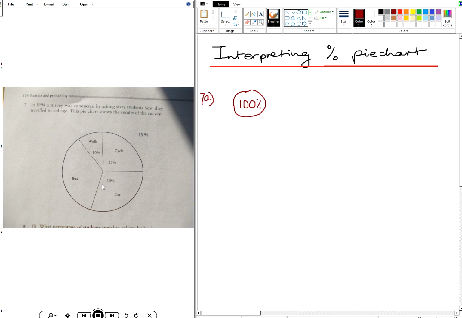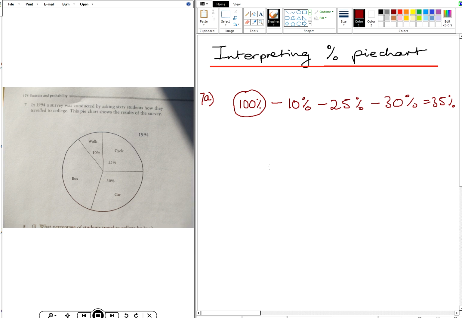We have all the percentages given to us apart from bus, so we can work out the bus one. 100% minus 10% for walking, minus 25% for cycle, and minus 30% for car. That will give us 35%.